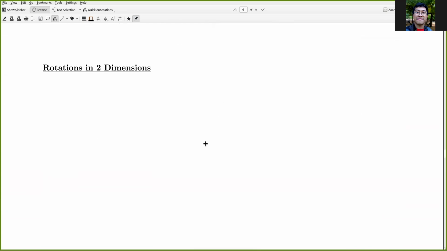Let us consider rotations in 2 dimensions. Suppose we want to rotate a vector r in the xy plane, with components x and y.